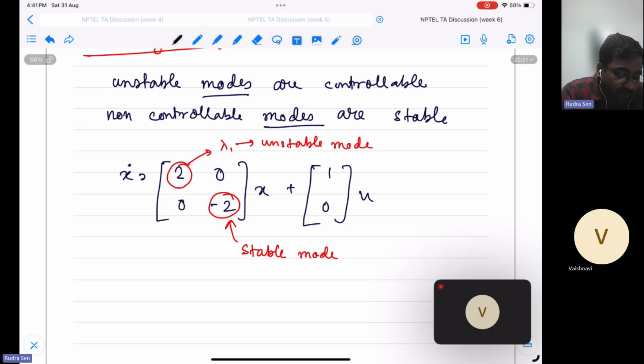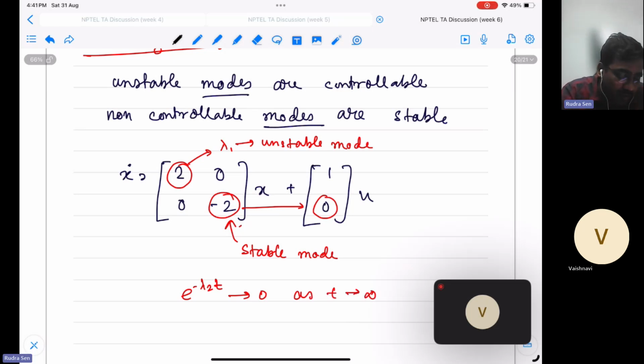So if for this stable mode there is no control input, the system may not be fully controllable, but it is stabilizable because eventually this state reaches 0, because we know that e to the power minus lambda t tends to 0 as t tends to infinity.